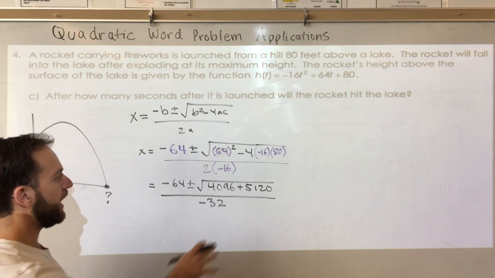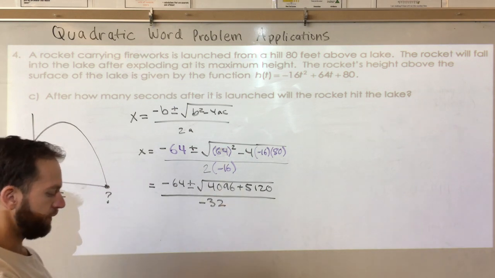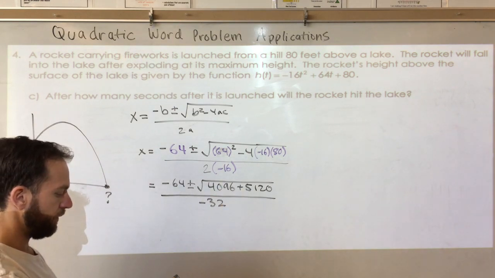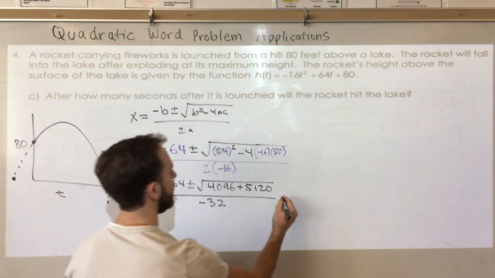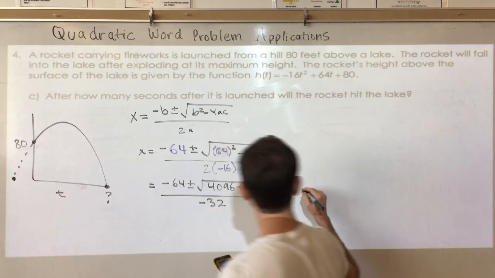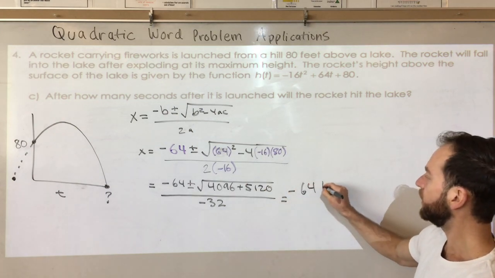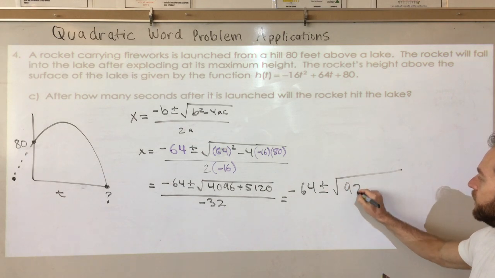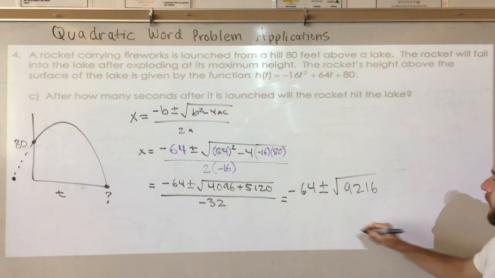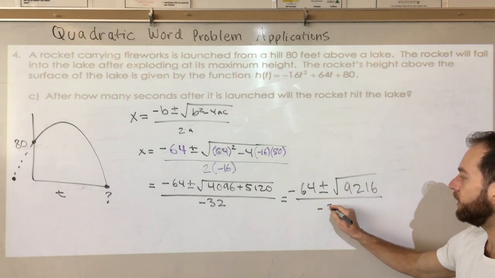So let's go ahead and add what's underneath the radical. And we get negative 64 plus or minus the square root of 9,216 all over negative 32.